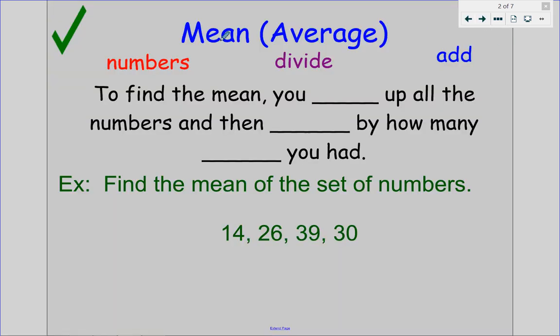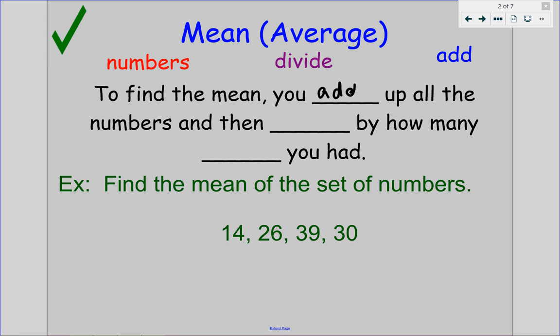Okay, so the word mean. You actually learned this concept yesterday. We called it average. And average and mean are exactly the same thing. So to find the mean or average, you blank up all the numbers. Hopefully you said the word add.